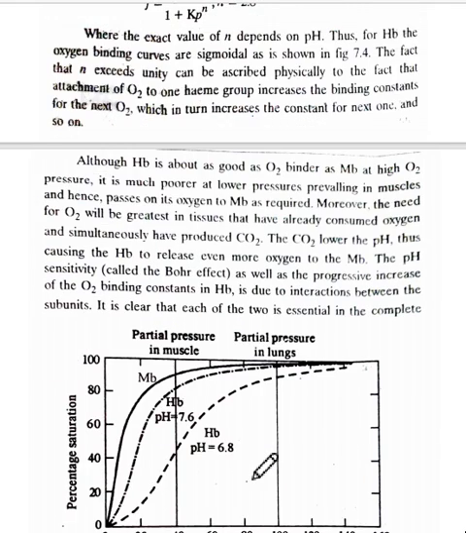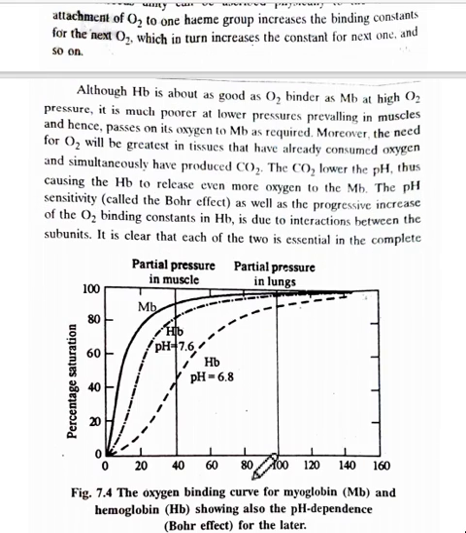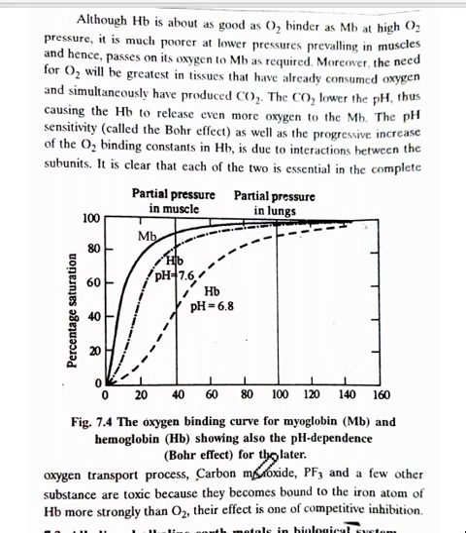Although hemoglobin is about as good an oxygen binder as myoglobin at high oxygen pressure, it is much poorer at lower pressure, prevailing in muscles, and hence passes on its oxygen to myoglobin as required. Moreover, the need for oxygen will be greatest in tissues that have already consumed oxygen and simultaneously have produced carbon dioxide.